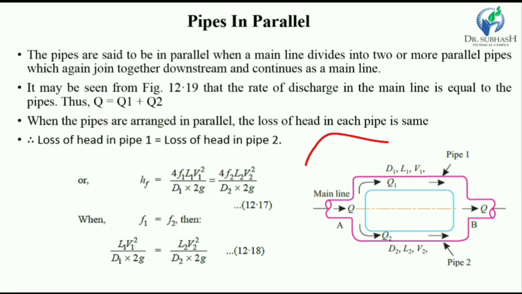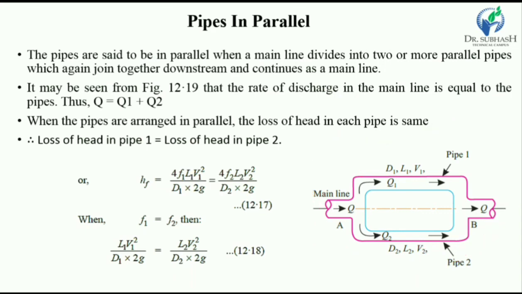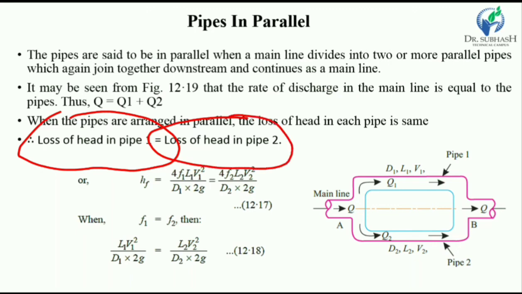As per the figure, the main line is divided into two parallel lines. When the pipes are arranged in parallel, the loss of head in each pipe is the same. So the loss of head in pipe 1 is equal to the loss of head in pipe 2.